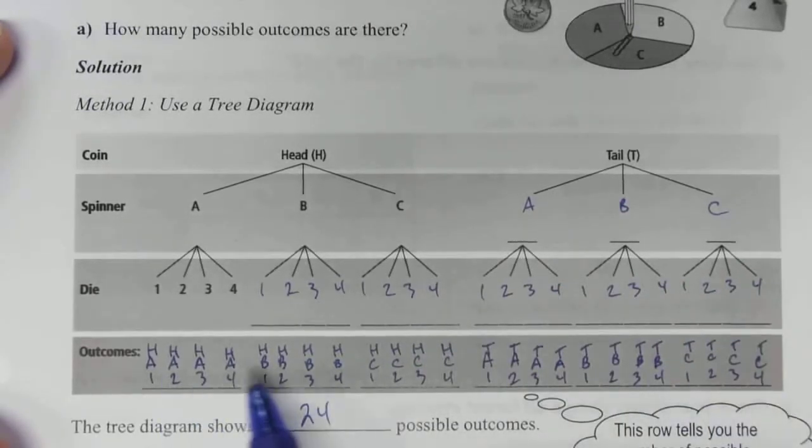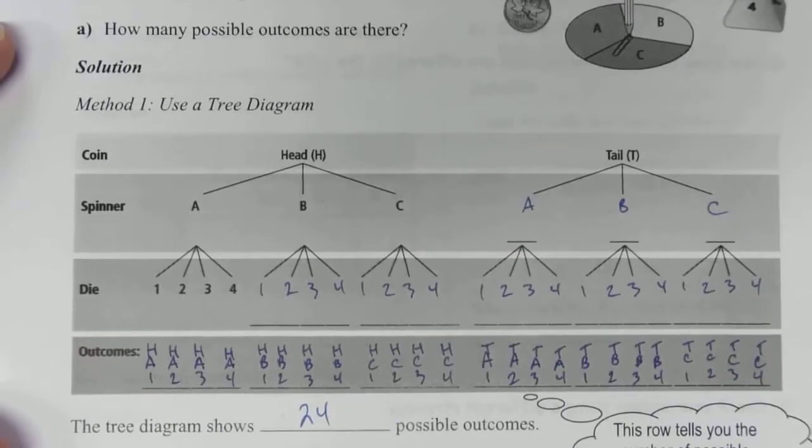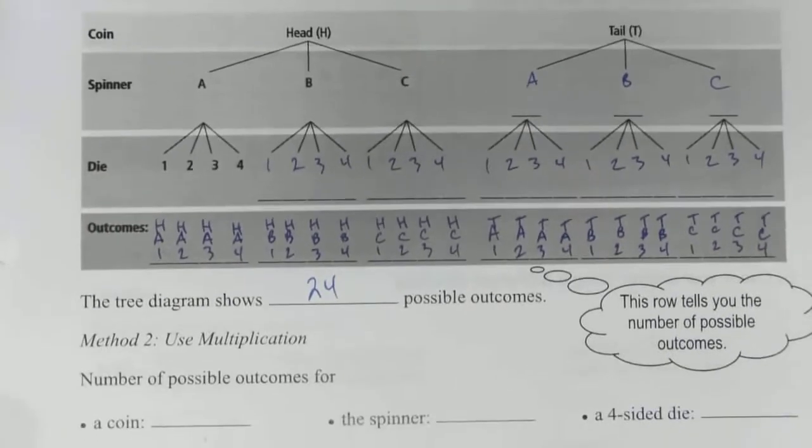If you count, there's 24 items listed here. So that's the number of possible outcomes.